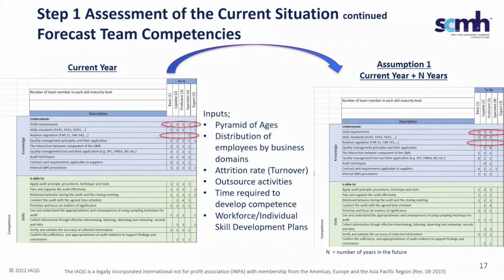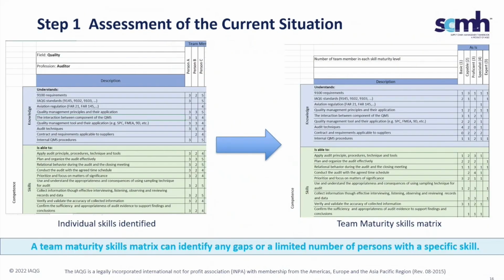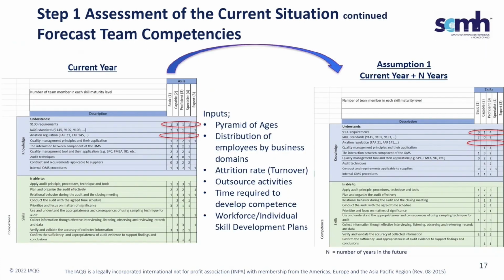For instance, here, person C was clearly identified as expert. If you come back to the previous slide, please, Sue. Person C, as you can see, has level 5 or 4. So he was identified as the expert and specialist for the main skills and knowledge. Next slide, please.